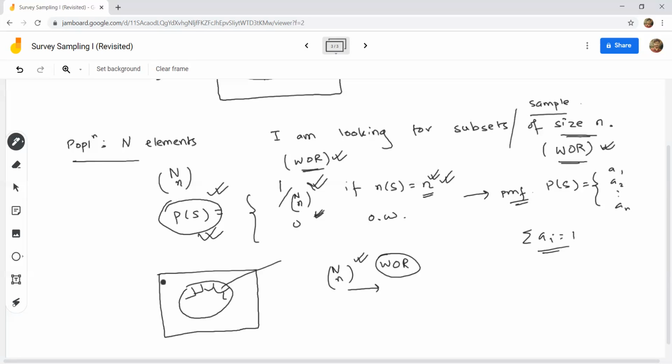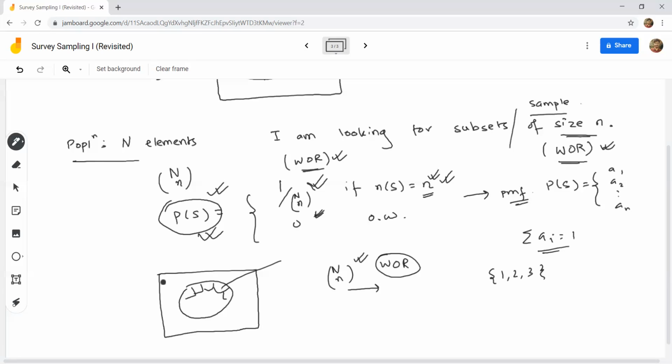If you pick up one NCn subset, you are done basically, because you already have an n element subset. We are not digging into what is in the subset. Say for example I have 1, 2, 3, and I am looking for all two element subsets from this.